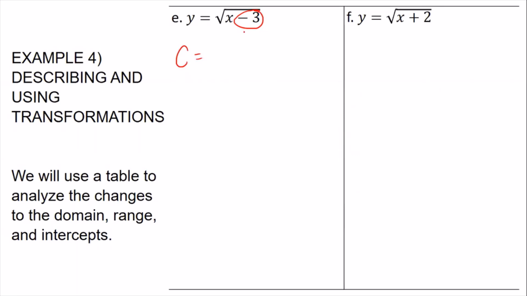And our C variable for transformation, we must remember that x's are what? Liars. So it looks like a -3, but it's actually a +3. So C equals +3. Because C equals +3, that means we're going horizontal translation to the right. All right.